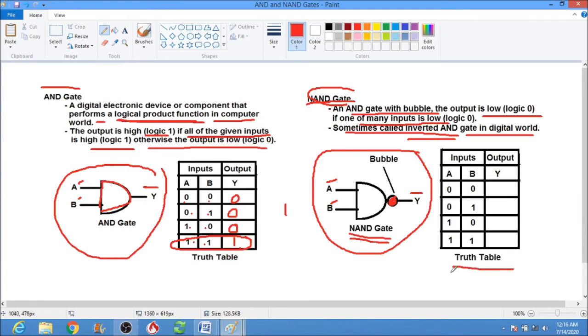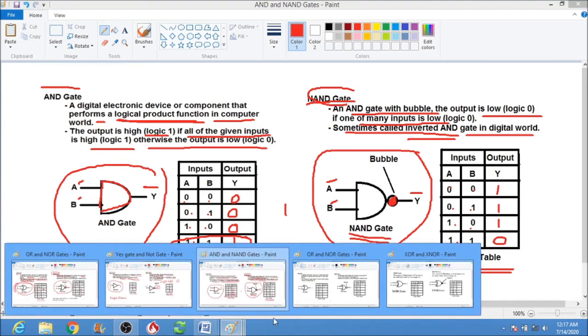Let's solve the truth table. 0 times 0 is 0, and then invert that 0, it will become 1. 1 times 0 is 0, invert that 0, it will become 1. 1 times 0, invert that 0, will become 1. 1 times 1 is 1, invert that 1, it will become 0.